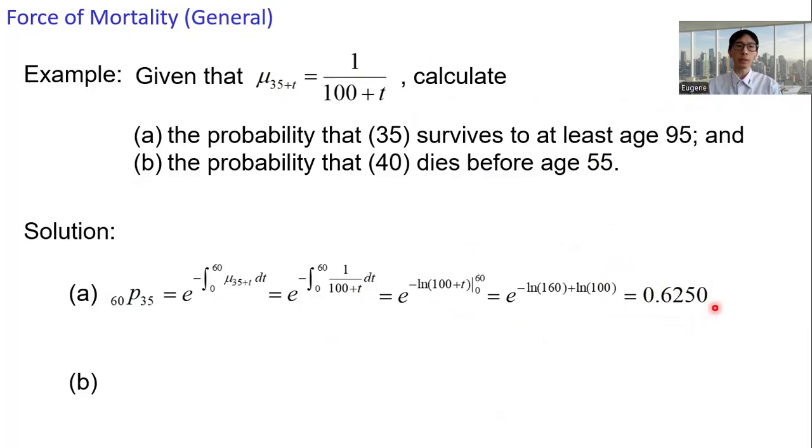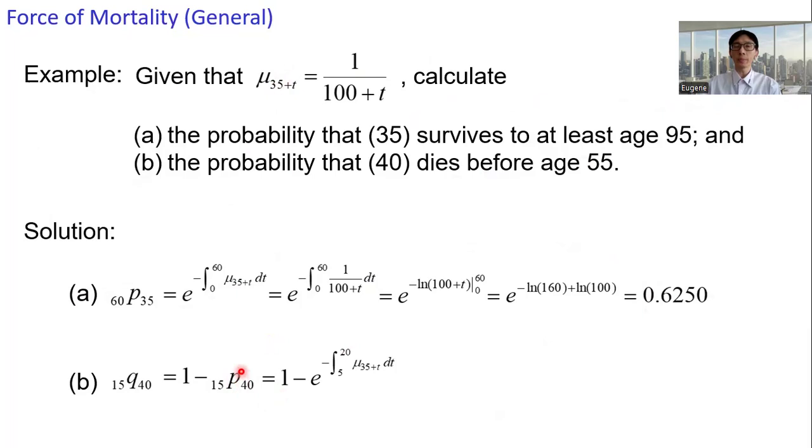And then for part B, we need to get the value for 15q40. Similar procedure. We are given the force of mortality mu 35 plus t. The base age is 35, and we want to get the value for 15p40.